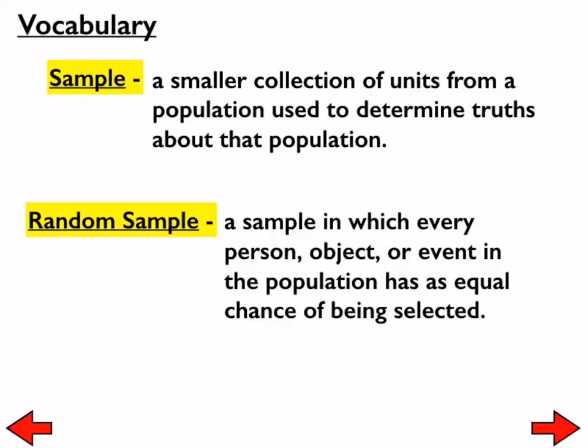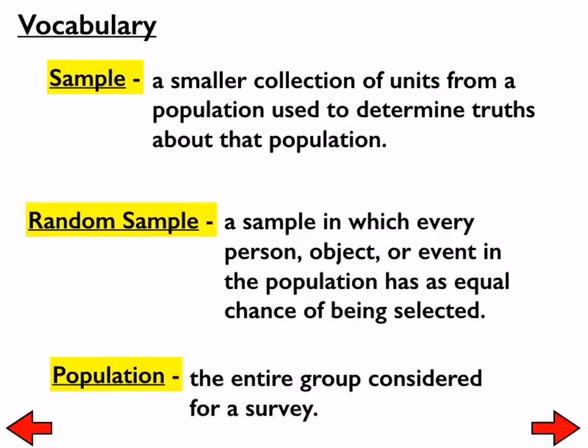And that's what we have to think about in every single situation today. Does everyone within that population have an equal chance of being selected? And then population, that's the entire group considered for a survey.